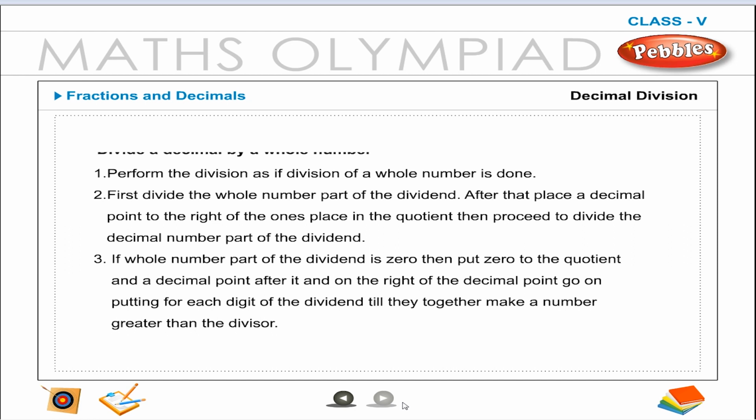Then proceed to divide the decimal part of the dividend. 3. If the whole number part of the dividend is 0, then put 0 in the quotient and a decimal point after it, and on the right of the decimal point go on putting each digit of the dividend till they together make a number greater than the divisor.